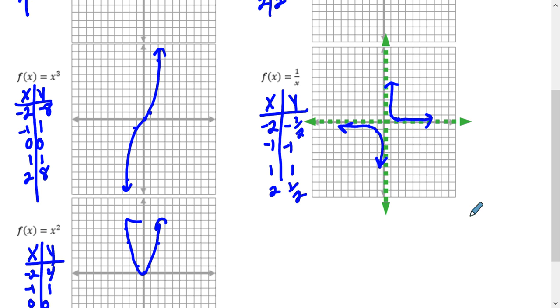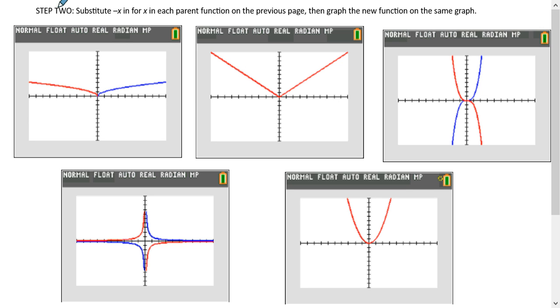Okay, so the next part, we want to substitute the opposite of x in for x into each of the parent functions and then graph it. So here's what that means. So you're substituting the opposite of x in for x, and then we're graphing the new function. So in this square root function, in the blue here, this is my original function.